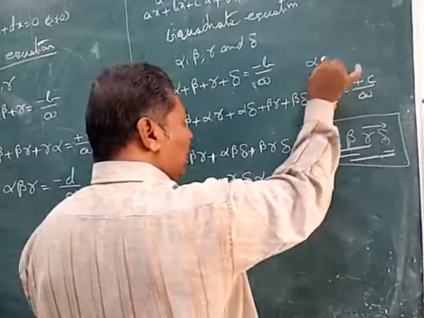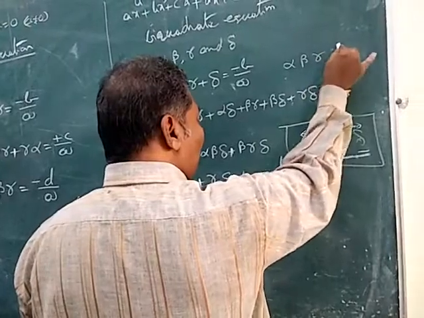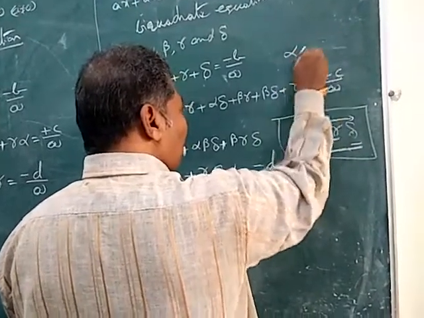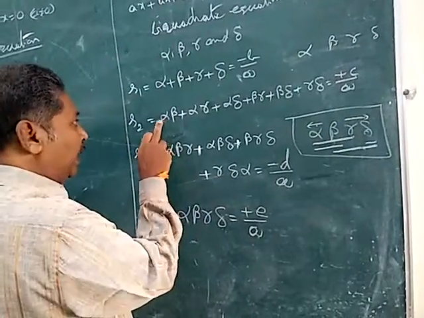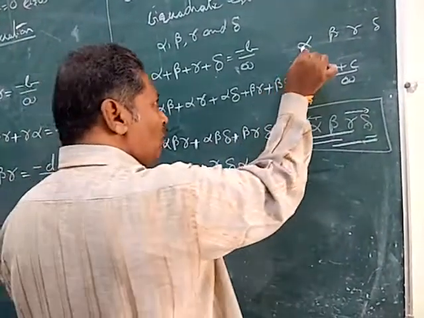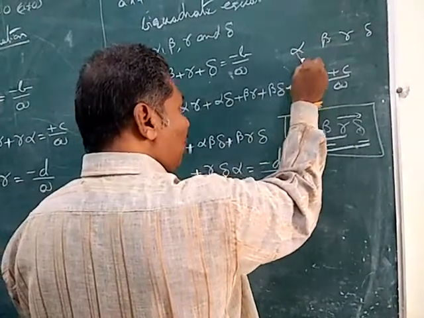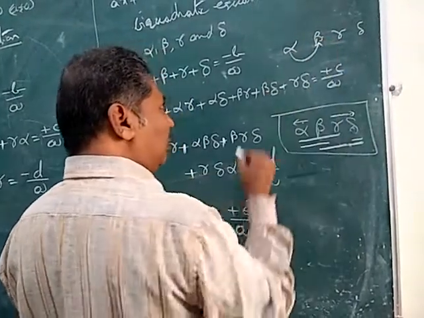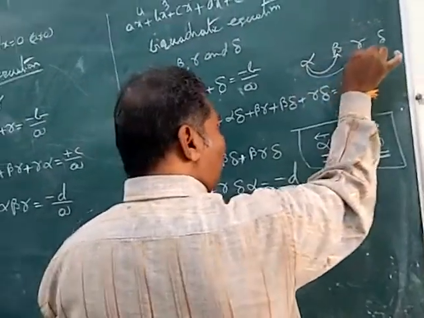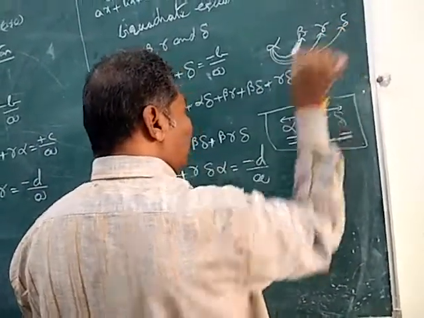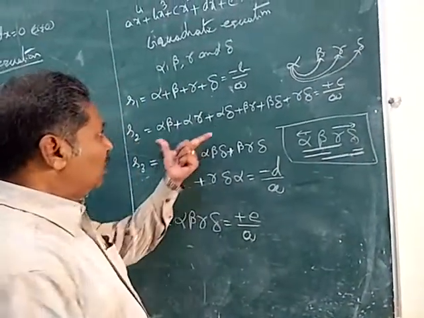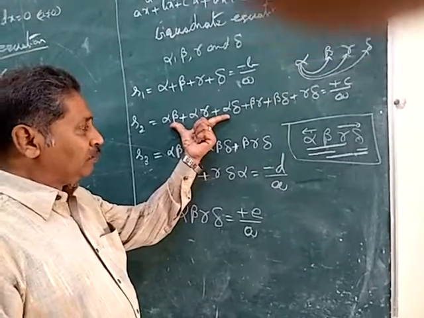Start with alpha: alpha beta, alpha gamma, alpha delta are the first three pairs.